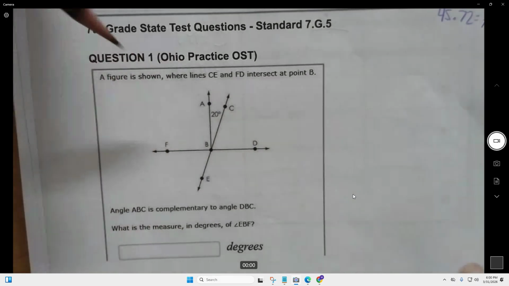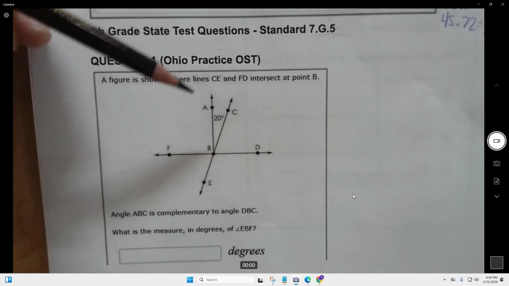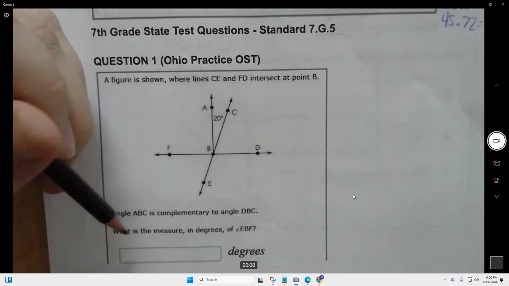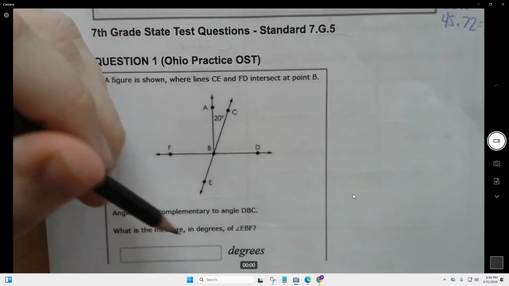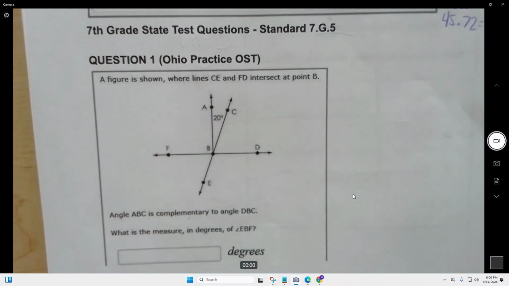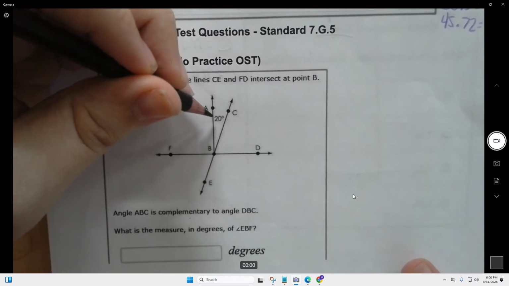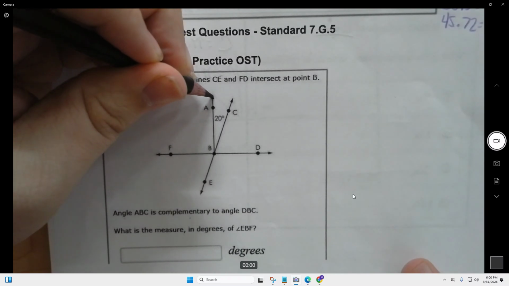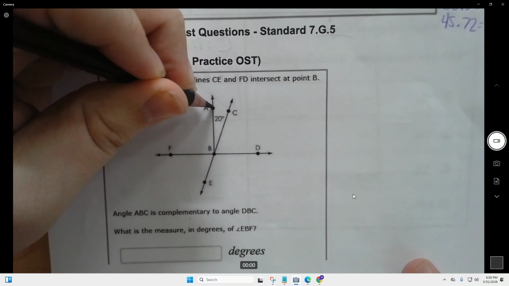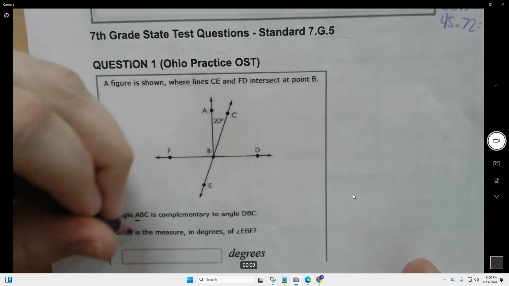A figure is shown where lines CE and FD intersect at point B. Angle ABC is complementary to angle DBC. So remember, when you read angles, you start at the first letter.